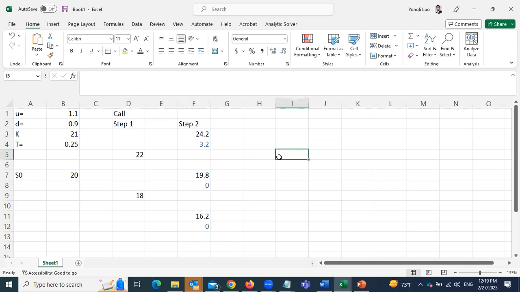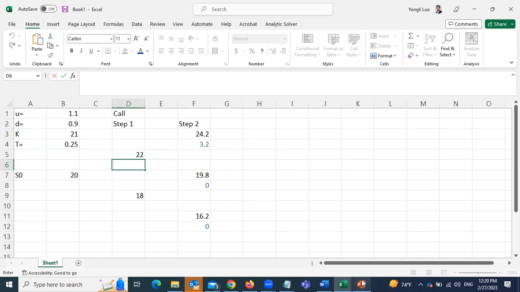So remember how you get the option price for this one right here, at step 1, when the price goes up? Do you remember?